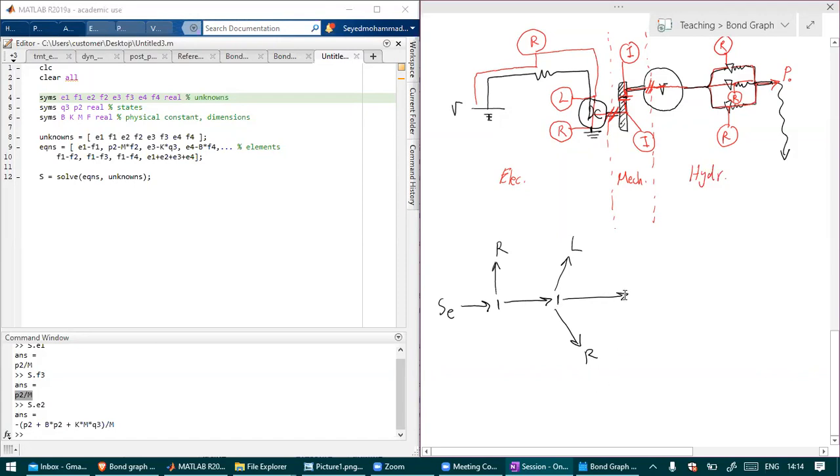Okay. Then we have here an element that gives us the energy that passes to the mechanical domain. We know that the velocity of a DC motor is basically related to the current of the motor, right?